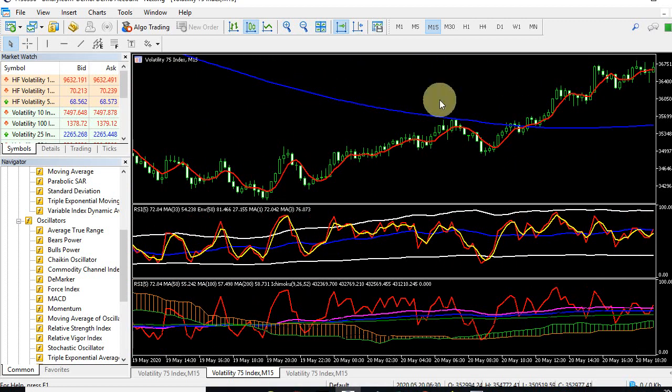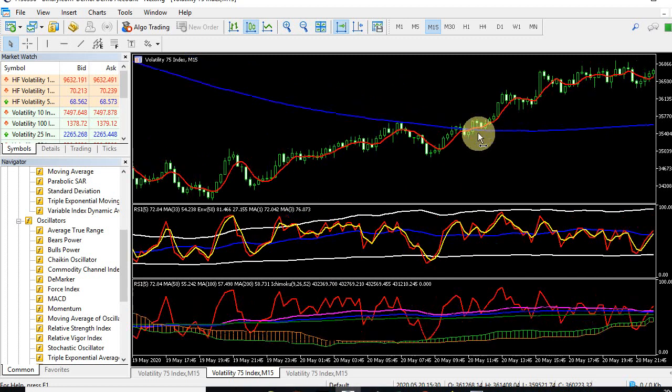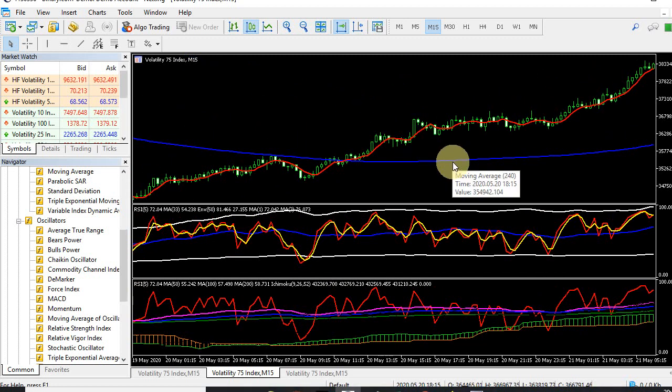You have the main window, you have the indicator window 1, and you have indicator window 2. On the main window, you have moving average. This is moving average 240 period, and you have moving average 5 period.